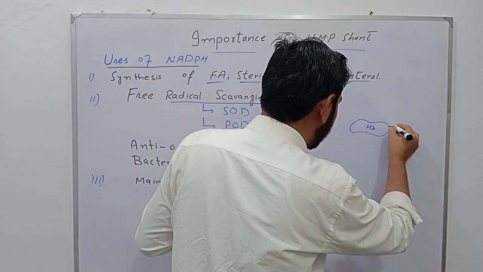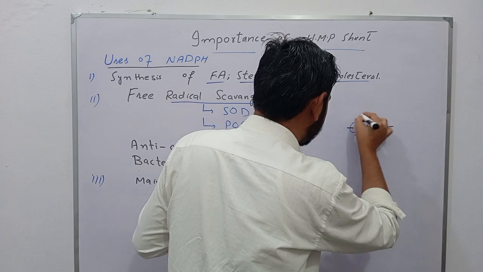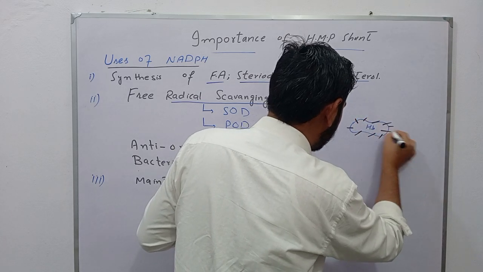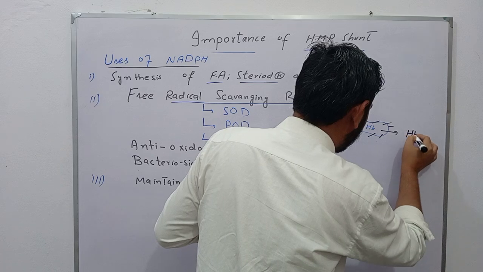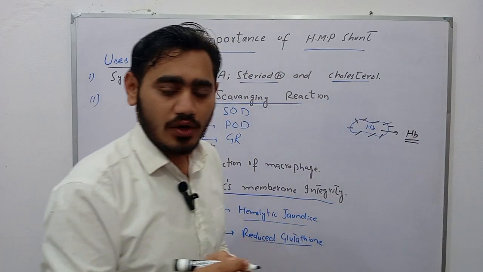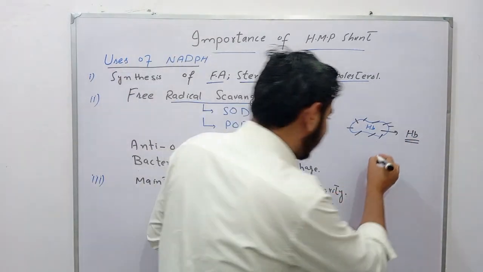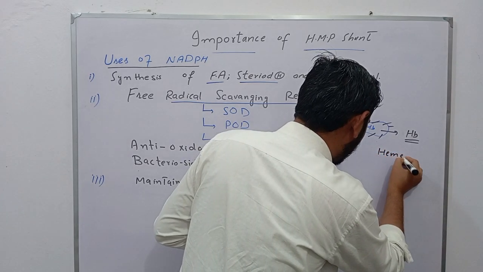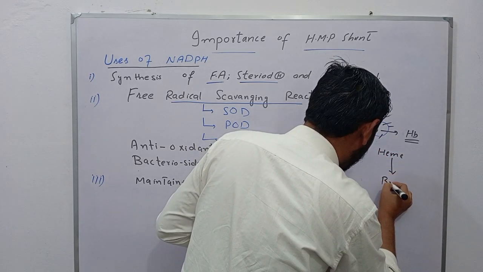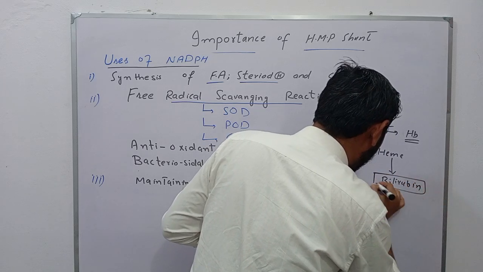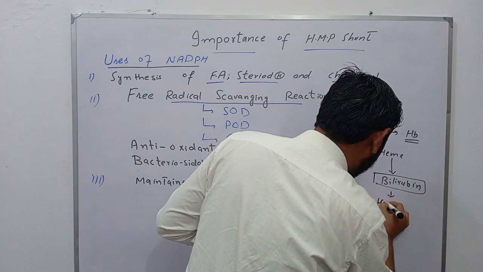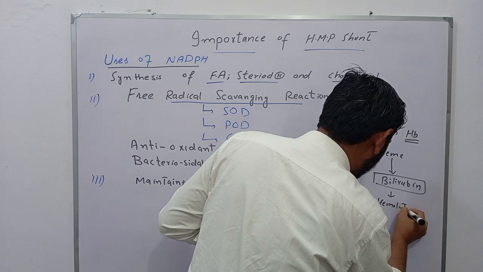The free radicals damage the membrane of RBCs, so it leads to release of hemoglobin, which is composed of heme and globin. The breakdown of heme leads to the production of bilirubin, and bilirubin leads to the disorder that is hemolytic jaundice.